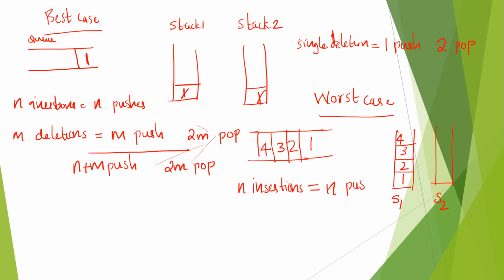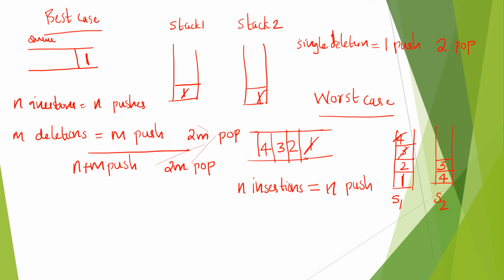Now, what about the delete operation? Whenever we perform a delete operation in the queue, the element which is going to be deleted first is 1. But whenever we use the stack, in order to delete this 1, we have a process. First of all, 4 will be popped, 4 will be pushed. 3 will be popped, 3 will be pushed.